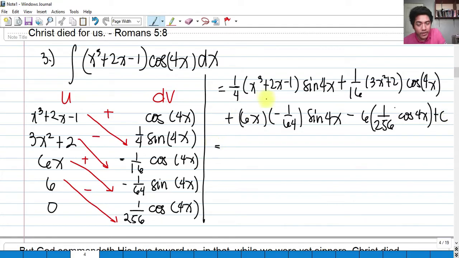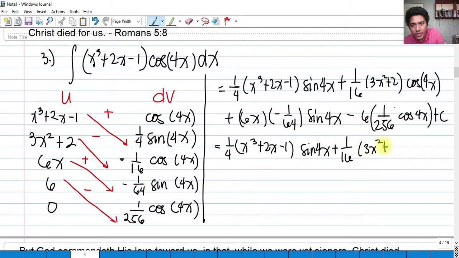So if we're going to simplify that, that should be 1/4 times x cubed plus 2x minus 1 sine of 4x, plus 1 over 16 of 3x squared plus 2 cosine of 4x, minus 6x over 64, which can be rewritten as 3x over 32 in lowest term, sine 4x.